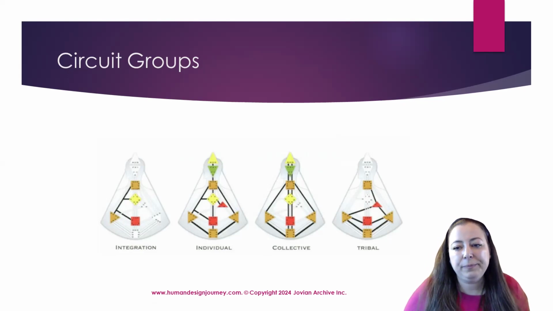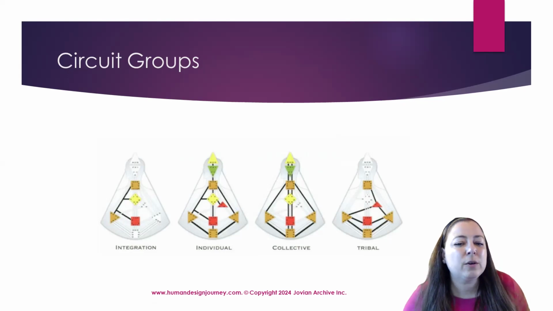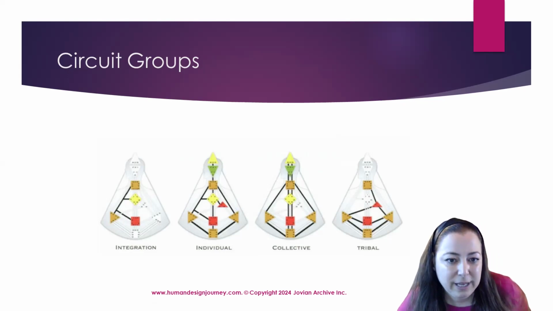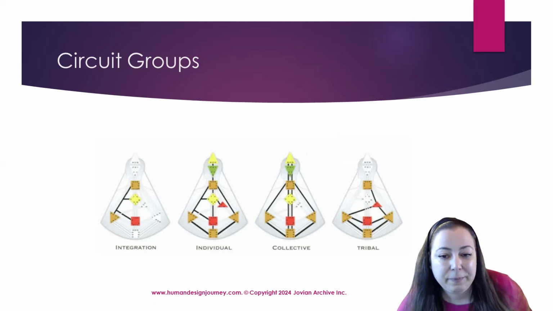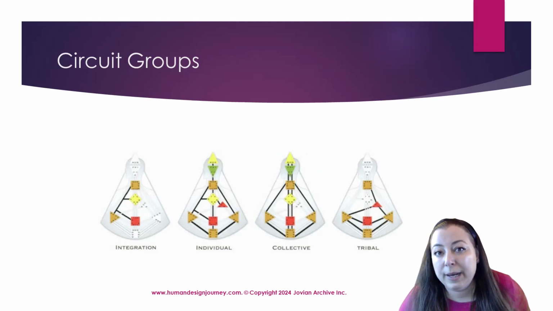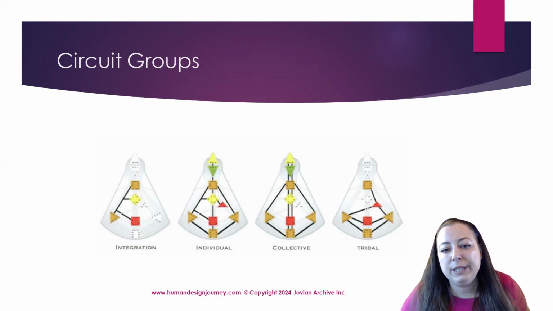And circuitry creates a general framework. It's a framework for interpreting the body graph of a very complex human being. And each channel with its gates adds its theme to that framework.